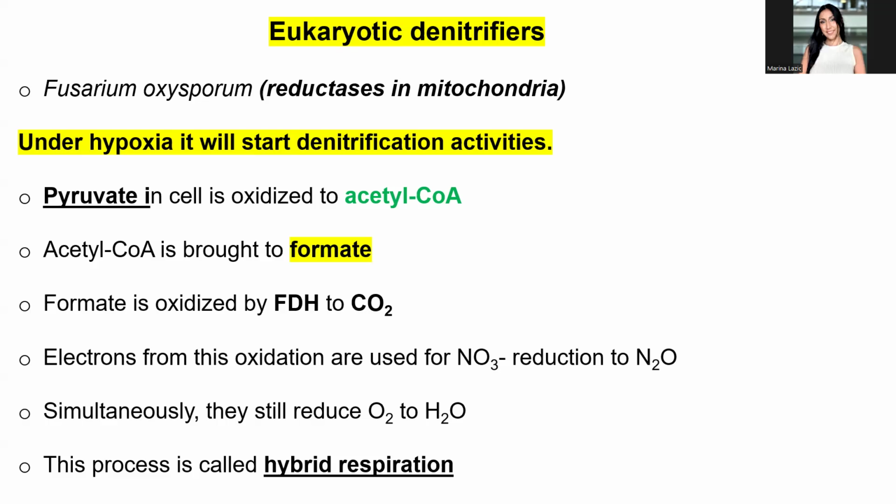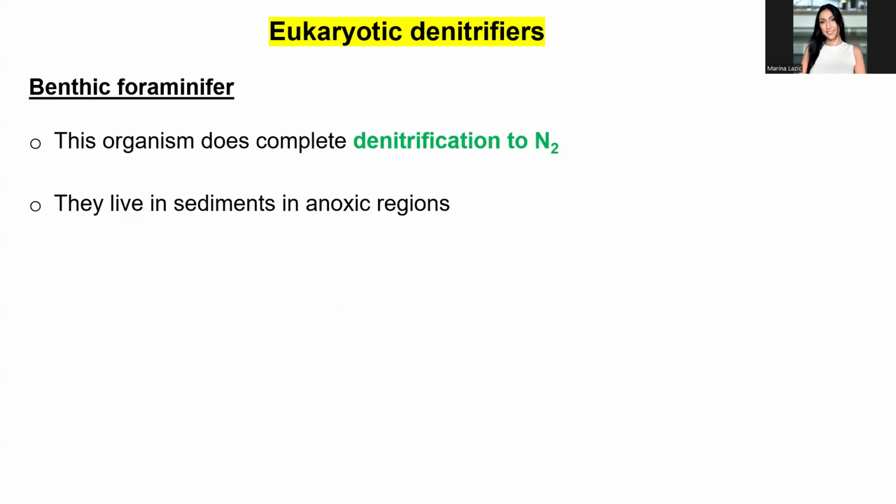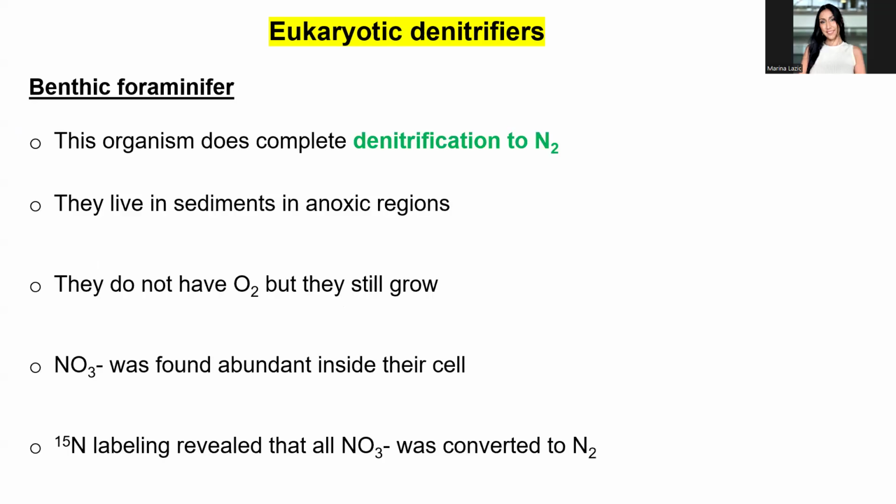Then there is this organism called benthic foraminifera, which completes denitrification to nitrogen, which is very weird. In these sediments there is no oxygen, it's anoxic, and those benthic foraminifera still grow. What people found is that nitrate was very abundant in those cells.